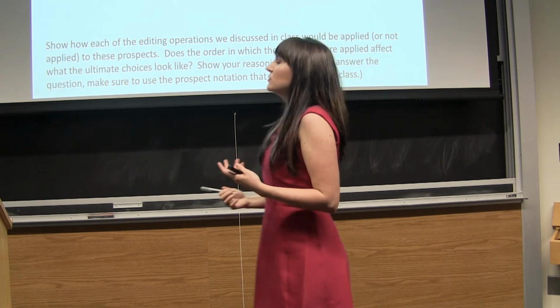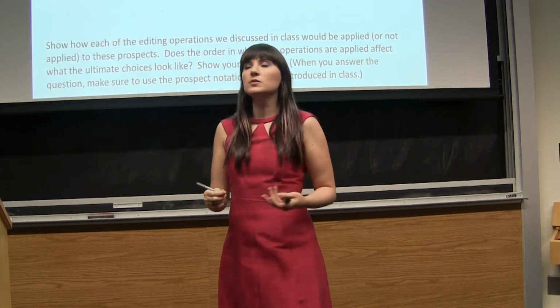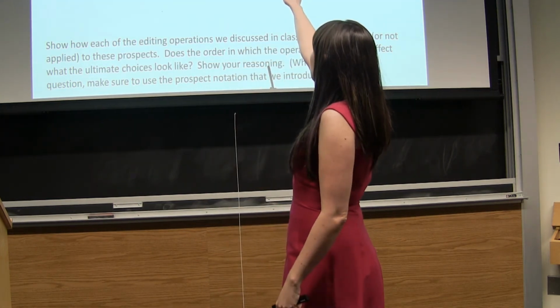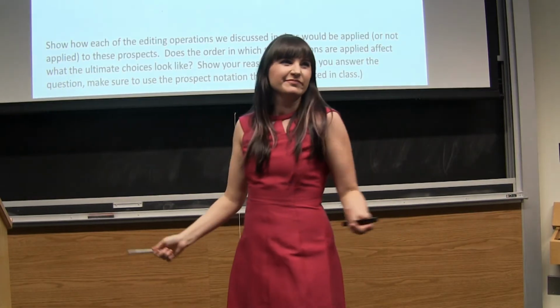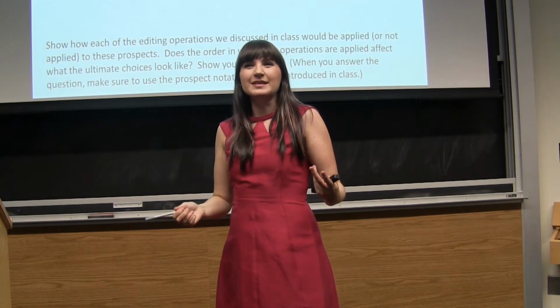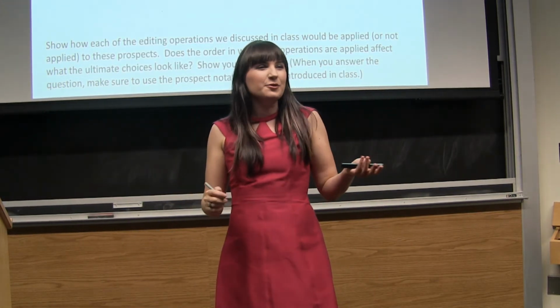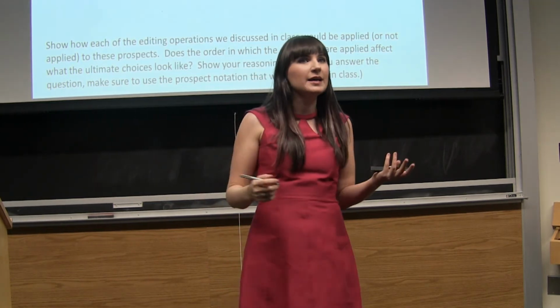You could make some sort of backwards argument that you could turn this 50 with probability 0.5 into a 50 with probability 0.1 and a 50 with probability 0.4. That's weird because it's kind of going backwards. And then cancel part of it with the 50 with probability 0.1 down here. I don't know that that makes things better, so it would be hard to argue that someone's actually doing that.